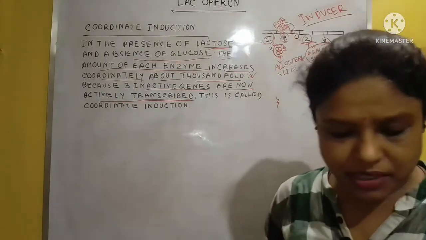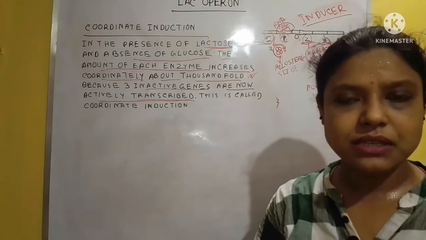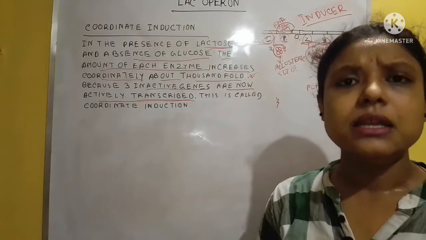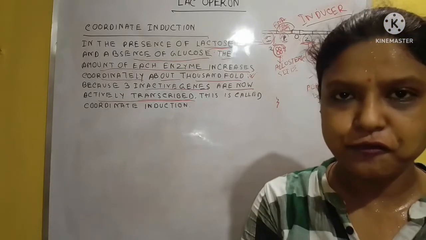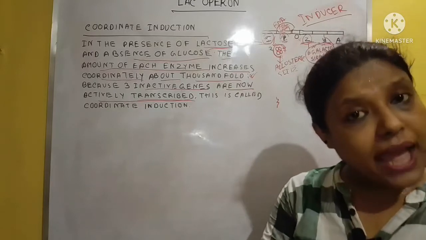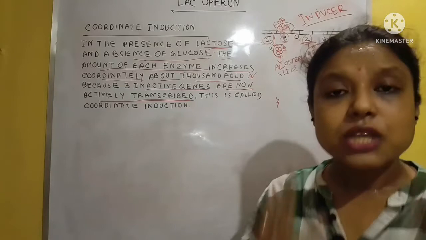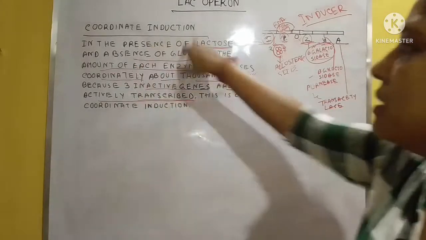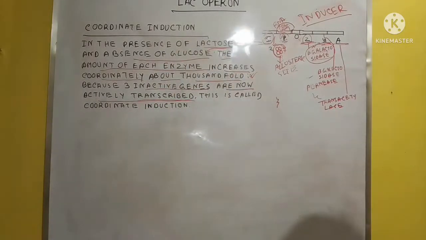So what happened in coordinate induction? The enzymes' activity is increased 1000-fold, and as a result the activity of these genes, which were inactive, rises. So this situation is known as the coordinate induction.